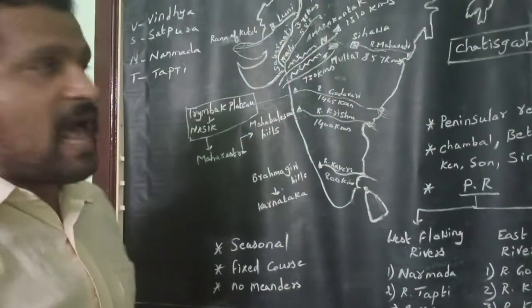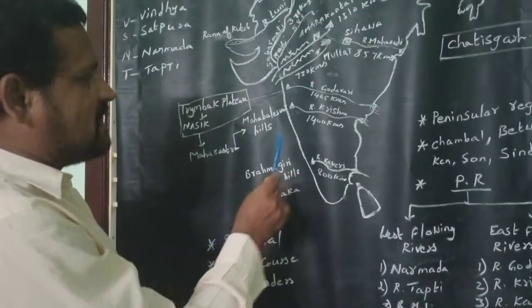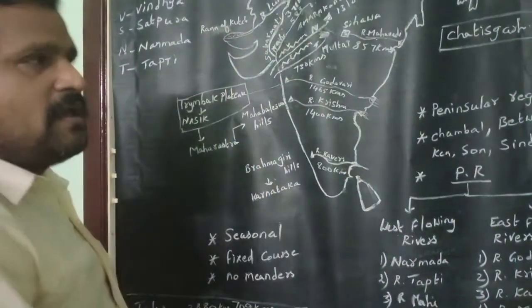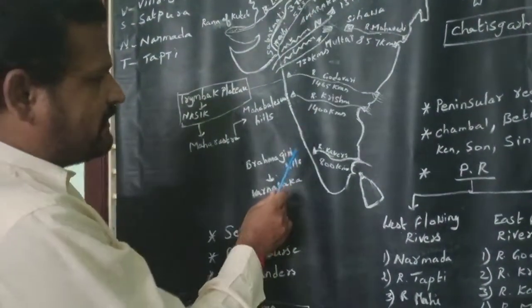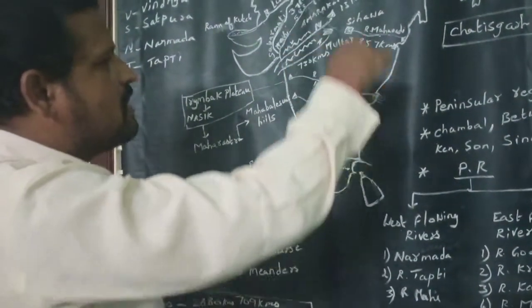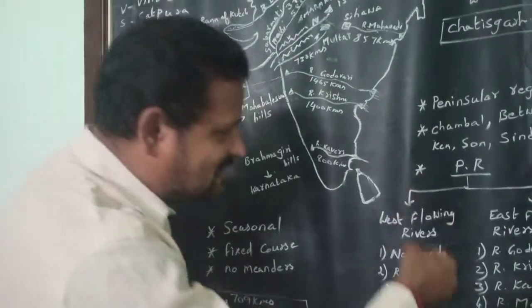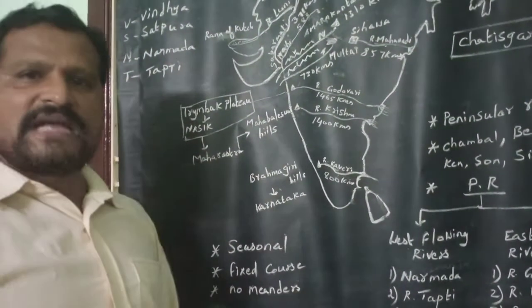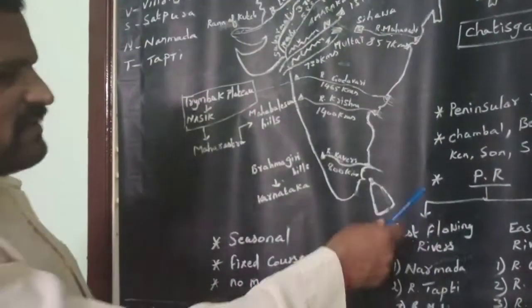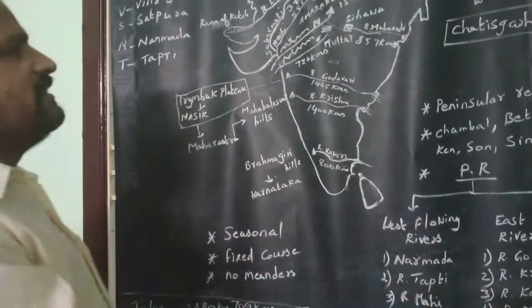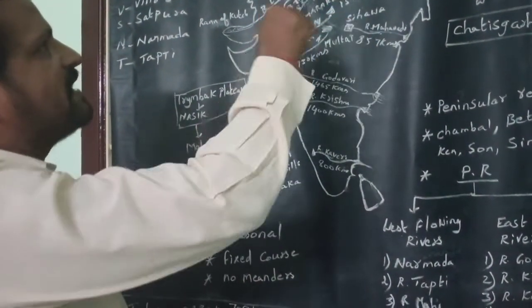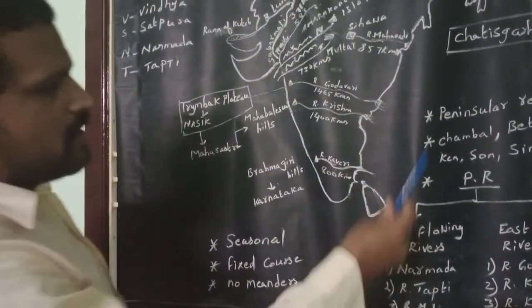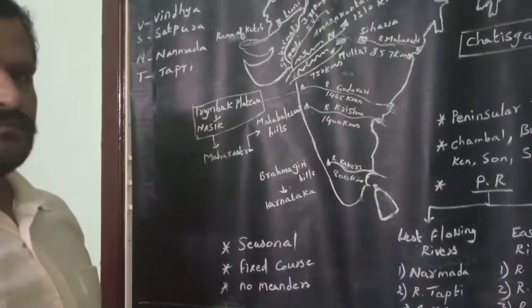What is a peninsula? A part of land surrounded by water on three sides is called a peninsula. Hence these rivers originate in the Peninsular region, so they are called peninsular rivers.